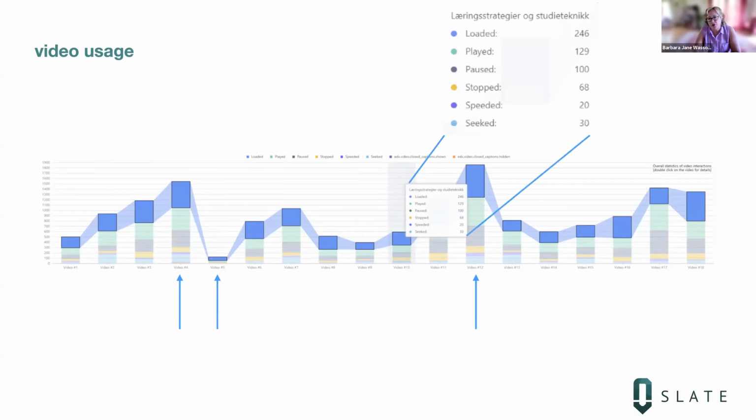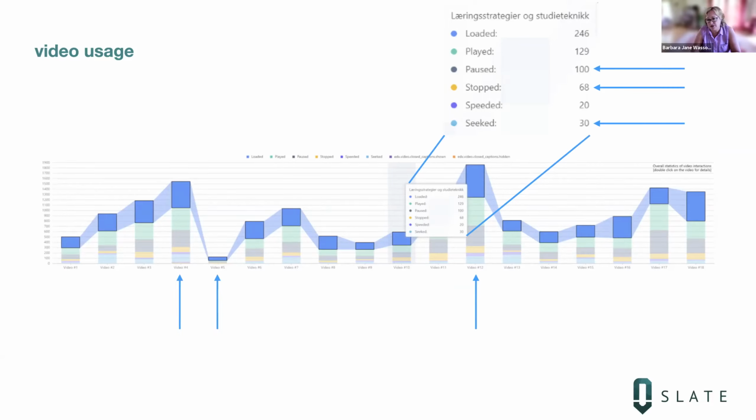You can also hover over this and get more details based on these colors here. So you can find out how many times it was loaded and played and paused, stopped, speeded, etc. And where people paused and stopped and where they seeked, maybe that can help you find what they are actually looking at when they're doing these things. Where have they paused? Where have they stopped, etc. And you can click right on this data and get that up.